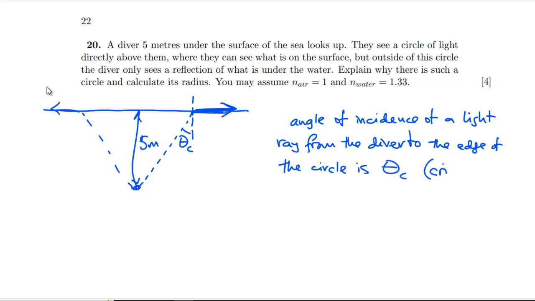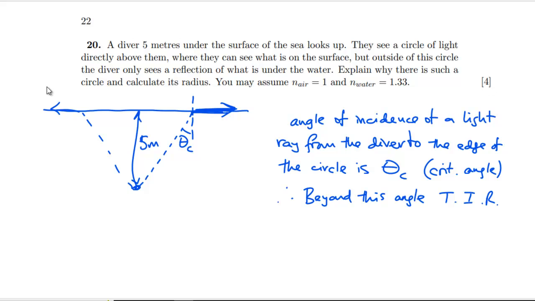You want to say that it's the critical angle. So beyond this angle, there's total internal reflection. So you're mentioning all of the key things. Obviously, write out total internal reflection rather than doing TIR. Actually, write out the words. But you want to mention the key scientific terms in all of this. So that's what's going on there.